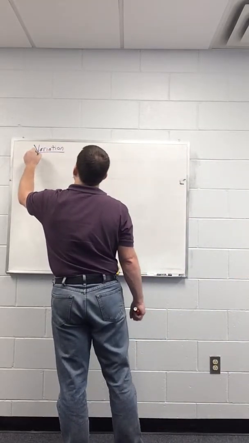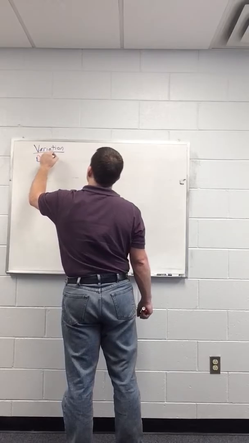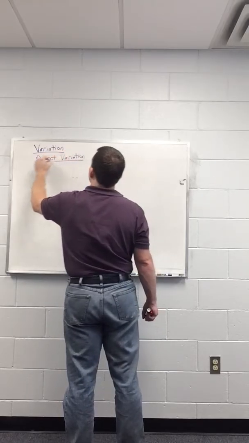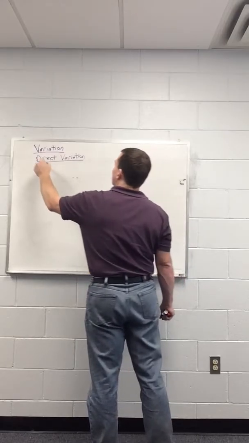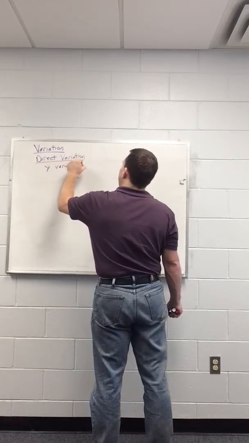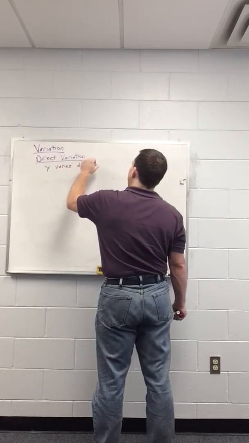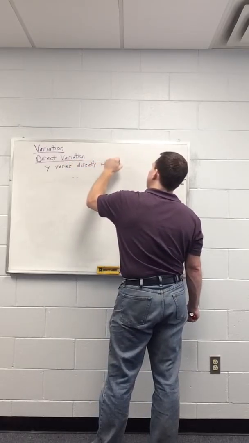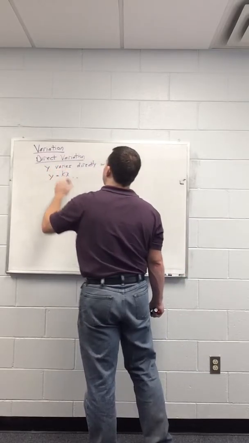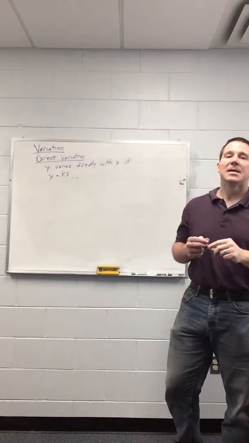So the first type of variation is called direct variation. As far as the definition goes, we say this: Y varies directly with X if Y equals Kx.